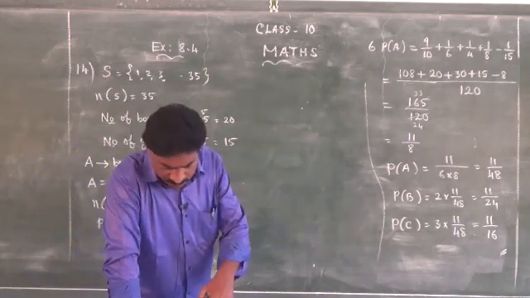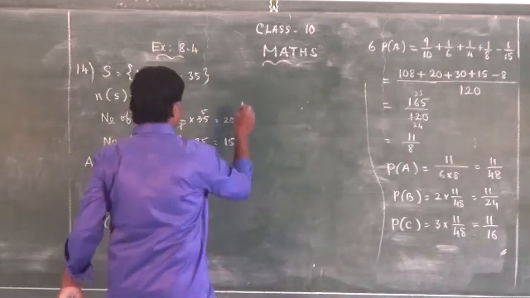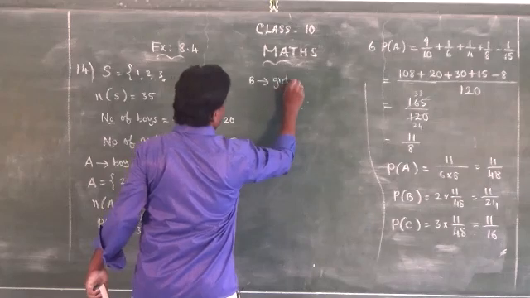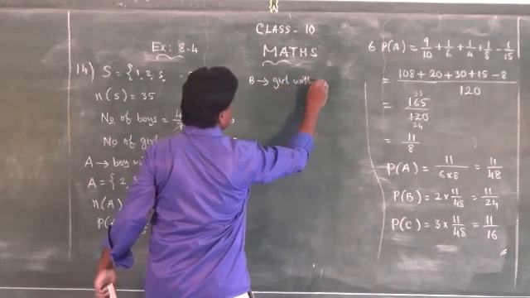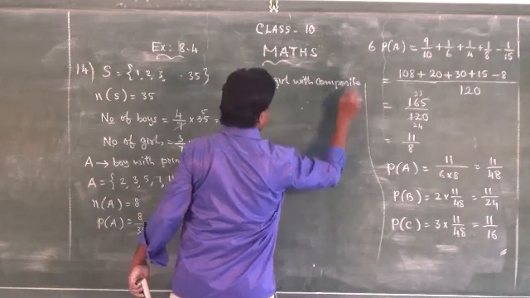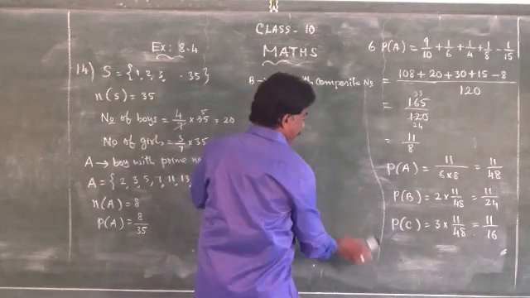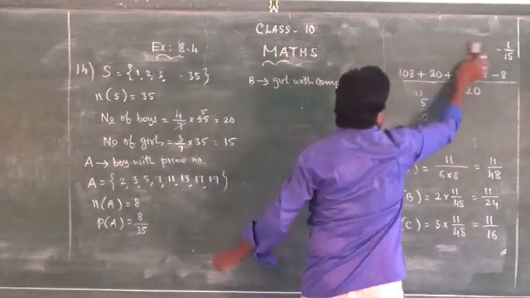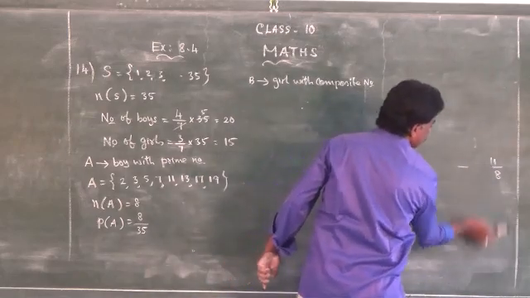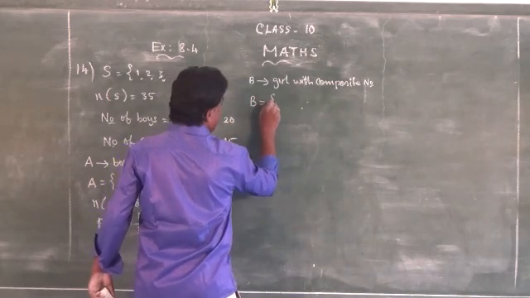What is the next event? A girl with a composite roll number. B is a girl with a composite number. So girl numbers start from 21.